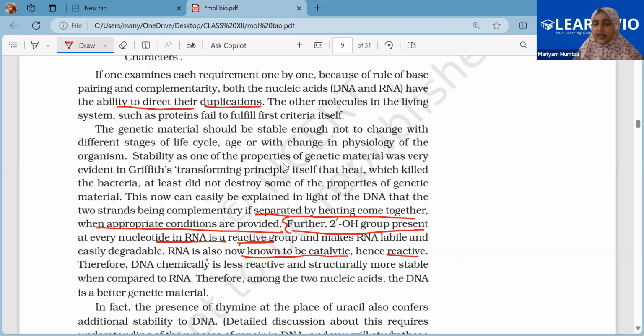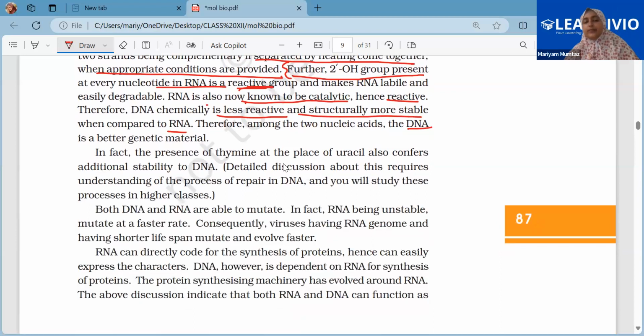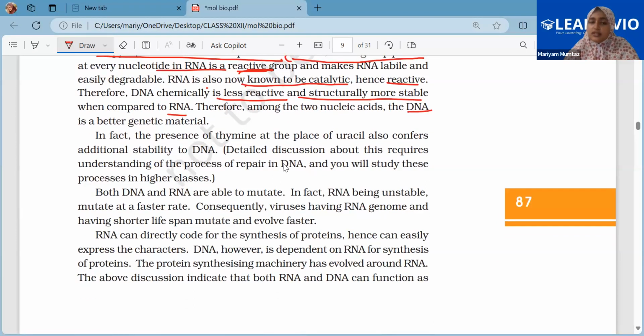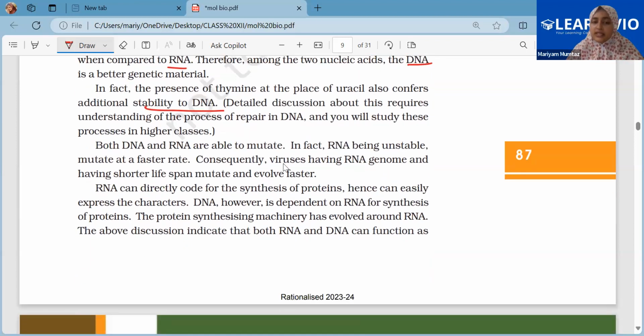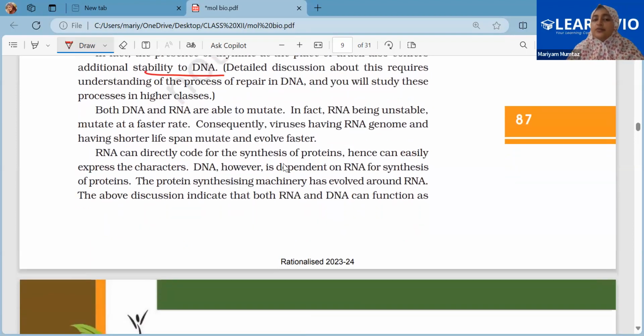Now, DNA is chemically less reactive and structurally more stable when compared to RNA. Therefore, among the two nucleic acids, DNA is a better genetic material. In fact, the presence of thymine in the place of uracil also adds more and more stability to the DNA. Both DNA and RNA are able to mutate.